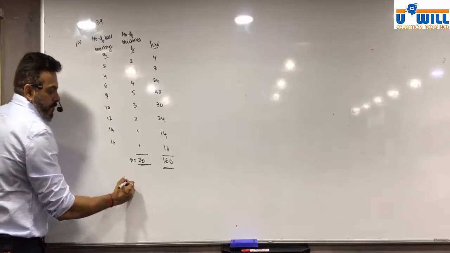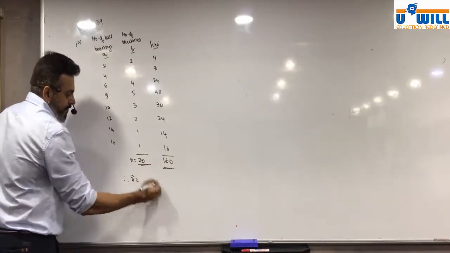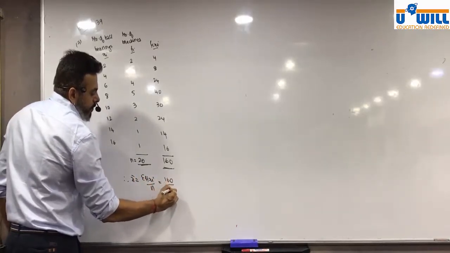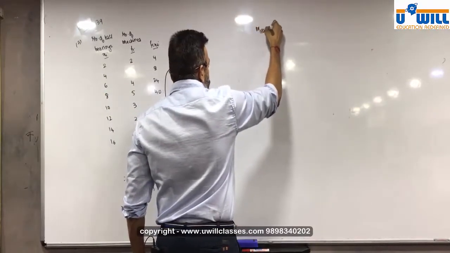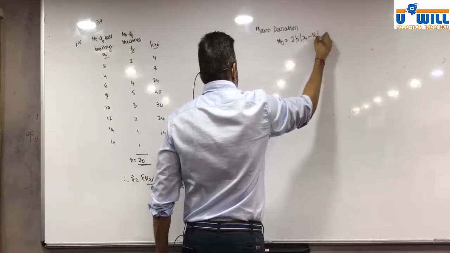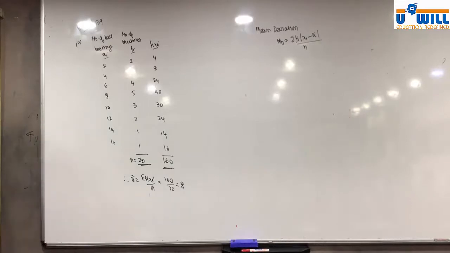Therefore, x bar is equal to sigma fi xi upon n, 160 upon 20, which is equal to 8. Now mean deviation is equal to sigma fi modulus xi minus x bar upon n. So formulas will decide the columns.